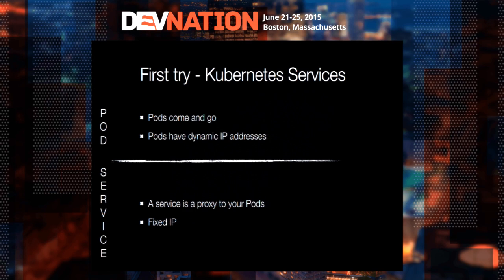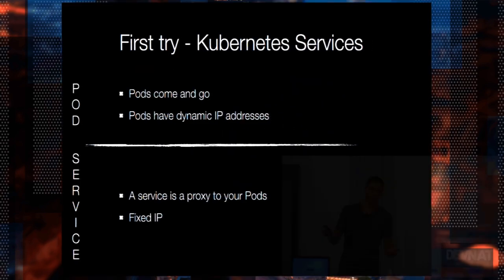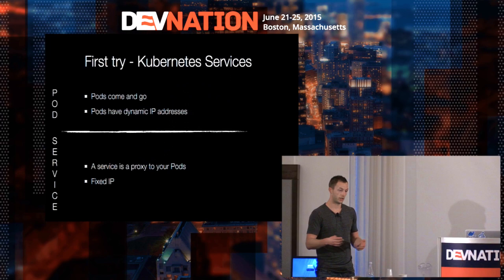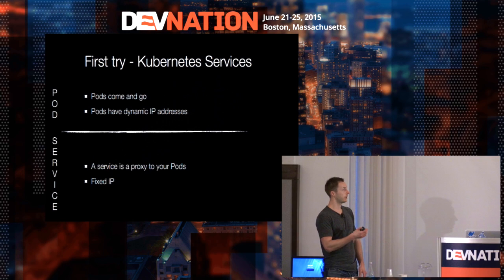If you look at Kubernetes, you see that a pod, an instance of my running application, as we've seen before, can come and go all the time. Kubernetes can start new pods when I scale up. It can decide to reschedule if a machine is busy, for example. So that means pods can move around my cluster.